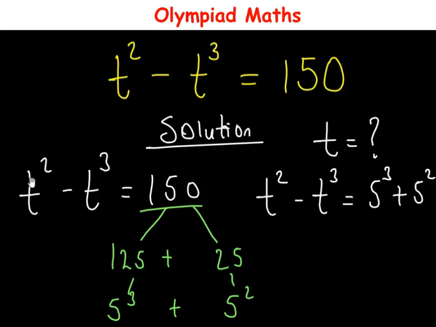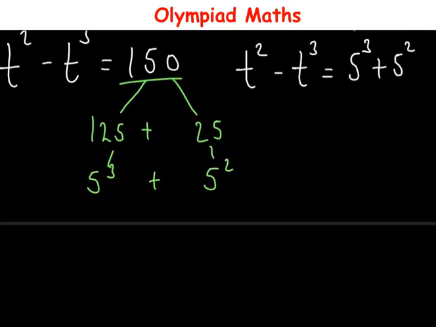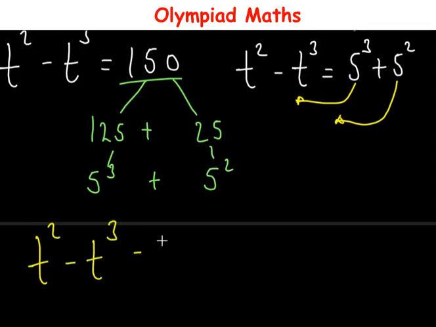Okay, so from here, let us move this over to this side and also move 5 raised to power 2 over to the other side. So this then becomes t raised to power 2 minus t raised to power 3, then minus 5 raised to power 3 minus 5 raised to power 2, all is equal to 0.